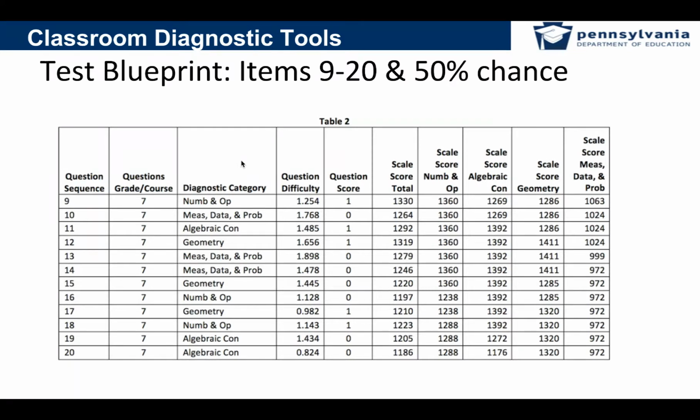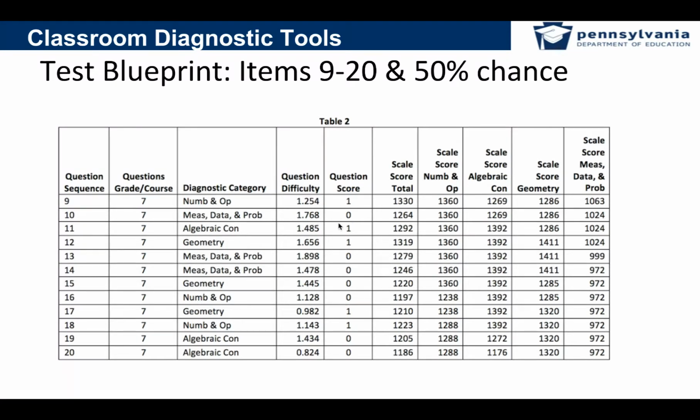When we move on to items 9 through 20 in the classroom diagnostic tool, we see that they still happen to be at grade level for the student. The diagnostic category continues to be random, and we can see the question difficulty in this one, they answered correctly, and item number 10, they gave a question that was a little bit more difficult.